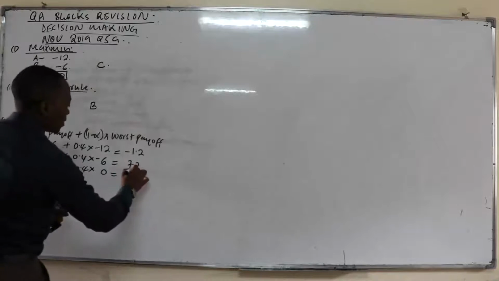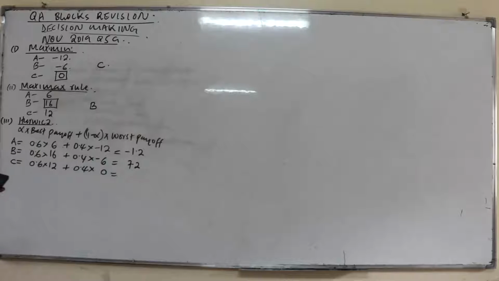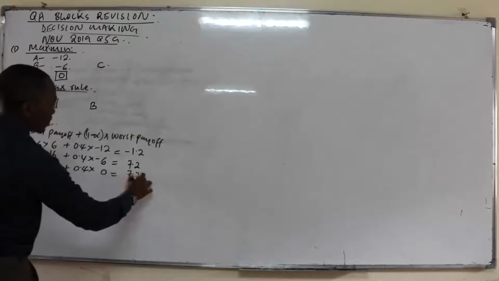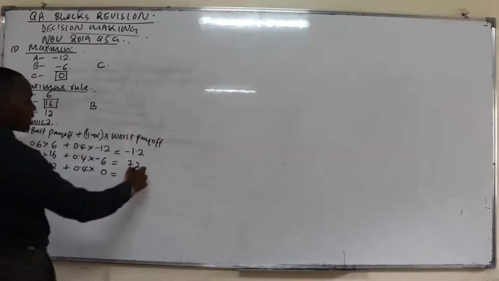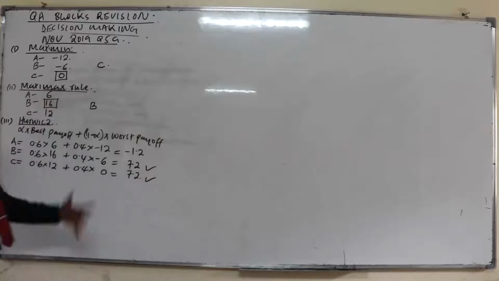Here we have 7.2. Here we have 7.2. So in this case, once we have the 3, you take the maximum, and the maximum is either B or C. So you can select either B or C.